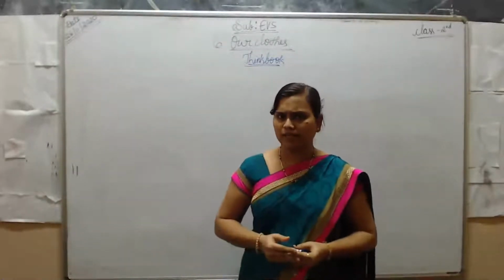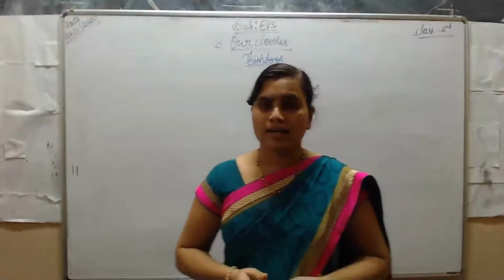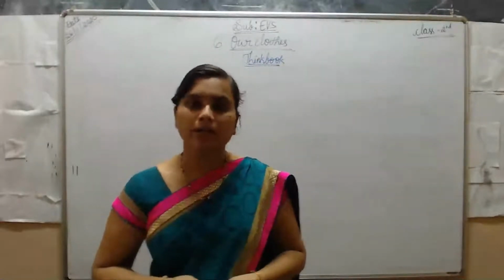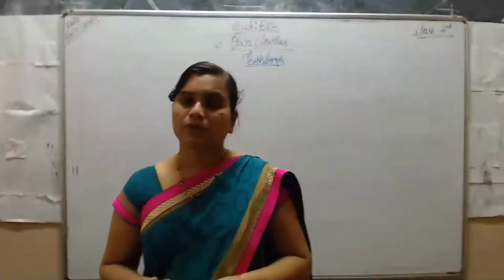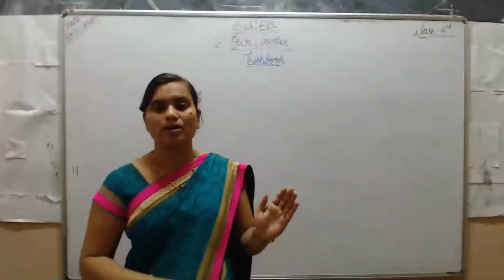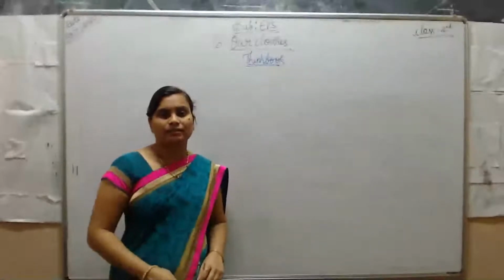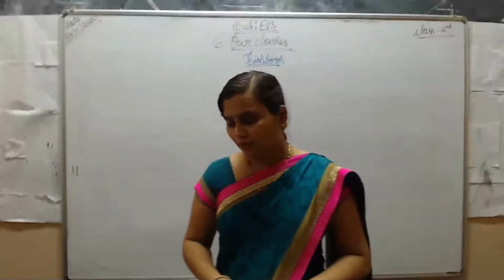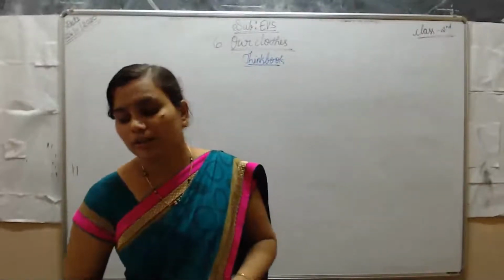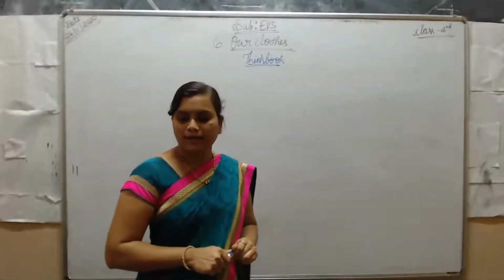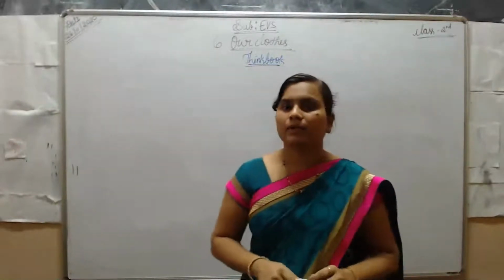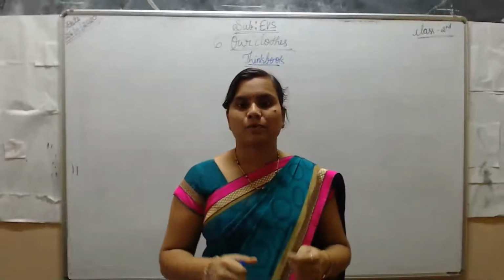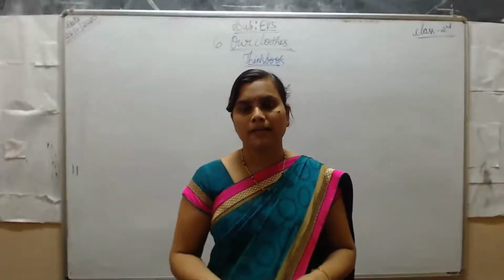Students, in summer, we feel heat. In winter, we feel cold. So we wear different clothes in different seasons. According to seasons, we wear different clothes. Clothes protect our body from heat and cold. In summer, we wear cotton cloths because they protect our body from heat.